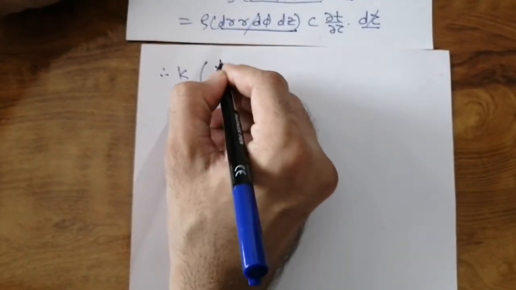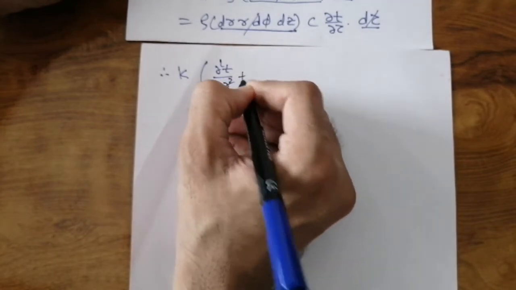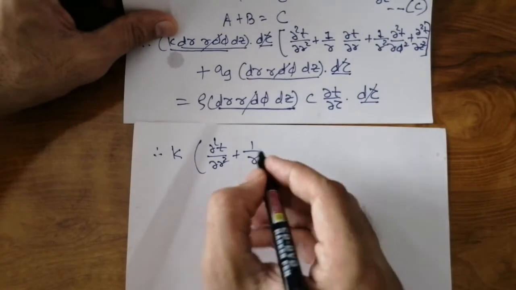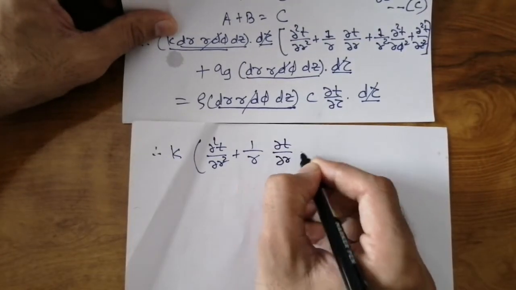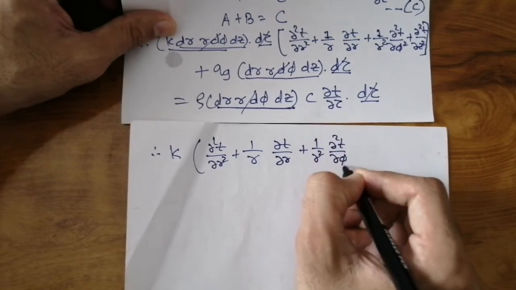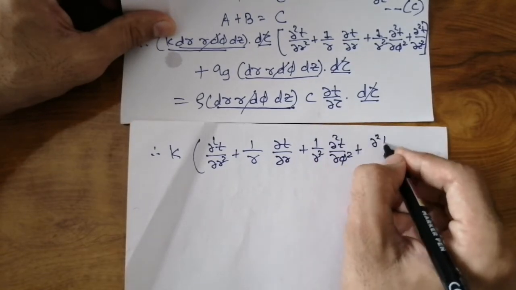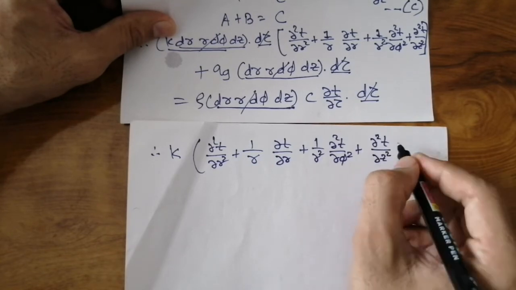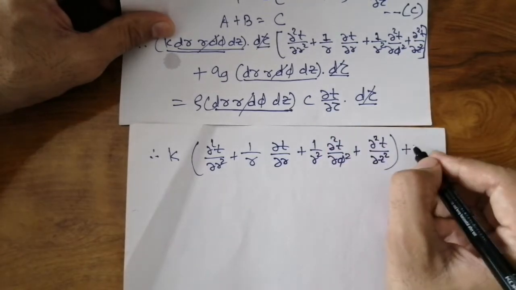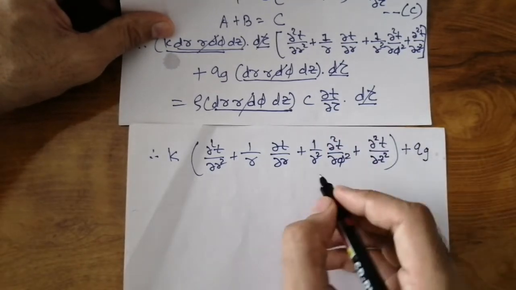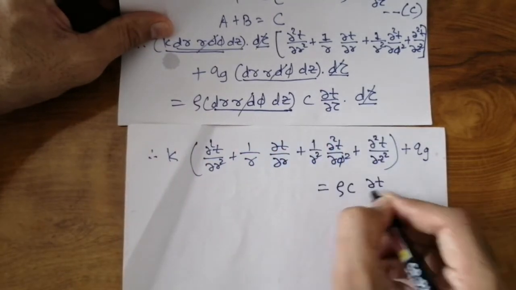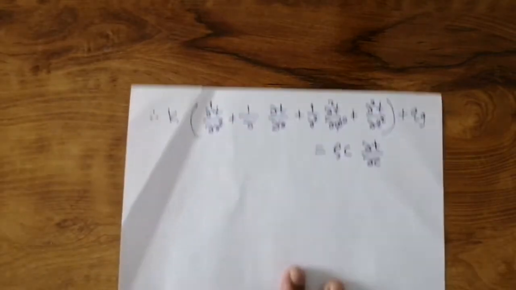The remaining is, inside the bracket, del square T by del r square plus 1 upon r del T by del r plus 1 upon r square del square T by del phi square plus del square T by del z square, plus Qg, is equal to rho C del T by del tau.